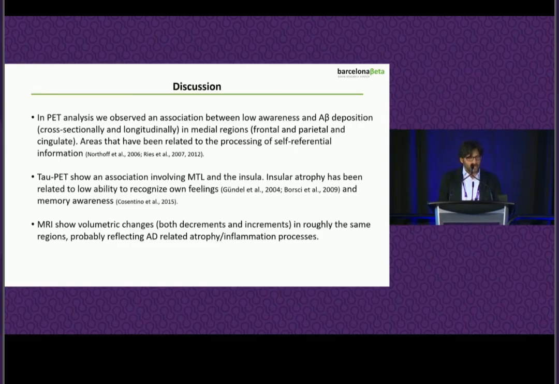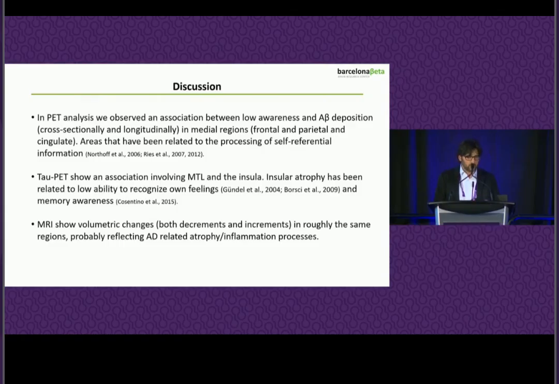For PET analysis, we observed associations between low awareness and amyloid deposition, both cross-sectionally and longitudinally, in medial regions, mainly frontal, parietal, and cingulate, and these areas have been related to the processing of self-referential information by previous studies and some meta-analyses using fMRI.